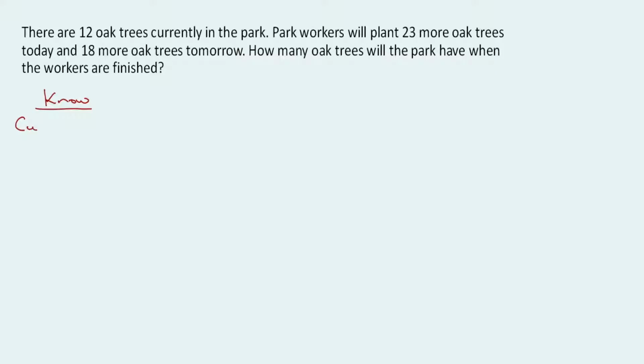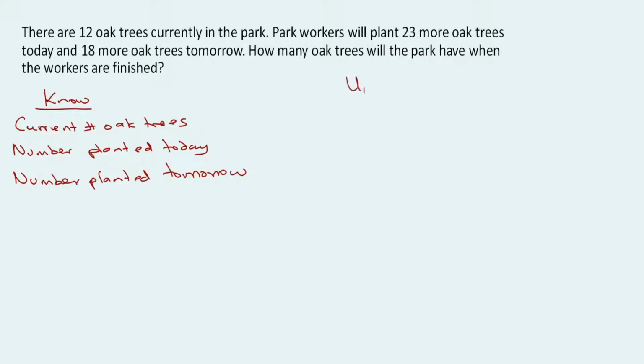The current number of oak trees, the number planted today, and the number planted tomorrow. So what do we not know? We don't know the total number of oak trees.